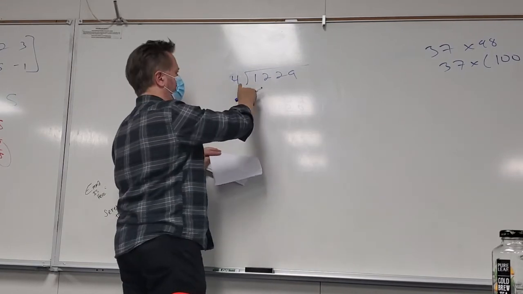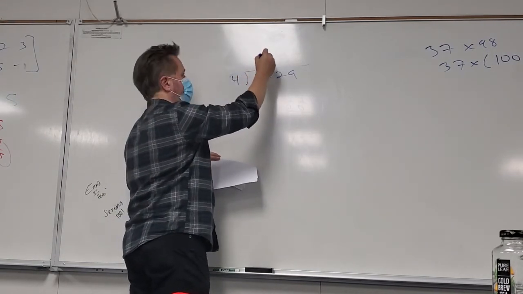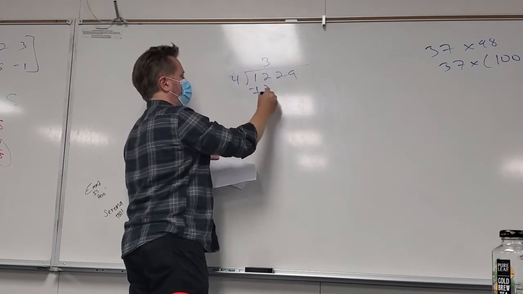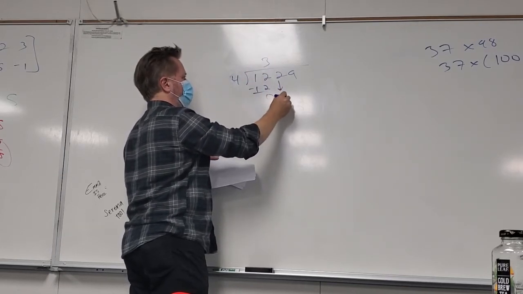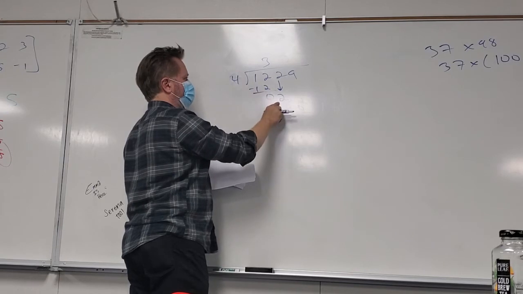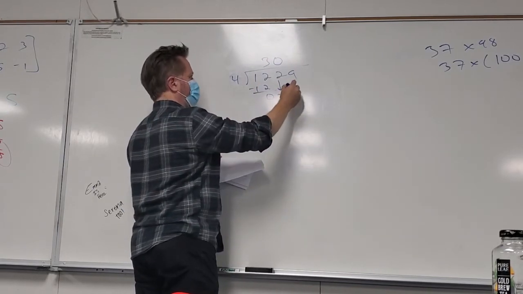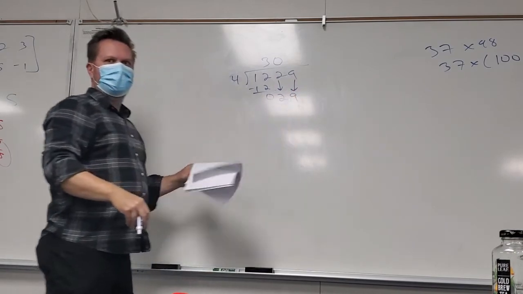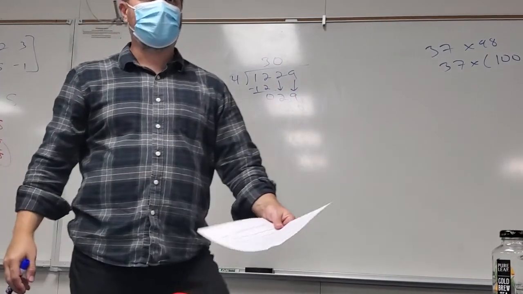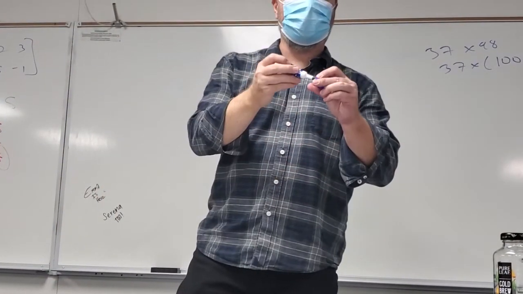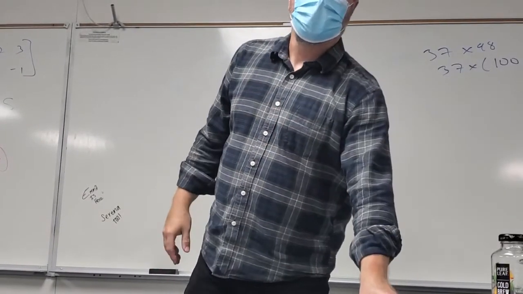And 4 goes into 12 how many times? 3. You would bring the 2 down. 4 goes into 2. None. No times. Then you can bring the 9 down. That's the mistake the student made, right? They forgot to add that 0 in the middle. So they keep forgetting the zeros every time.